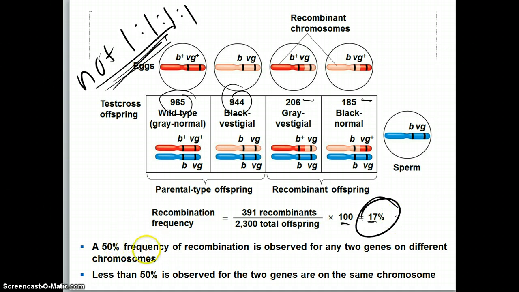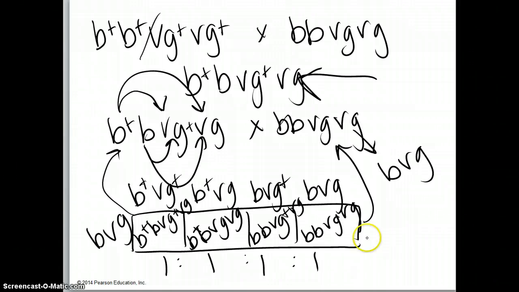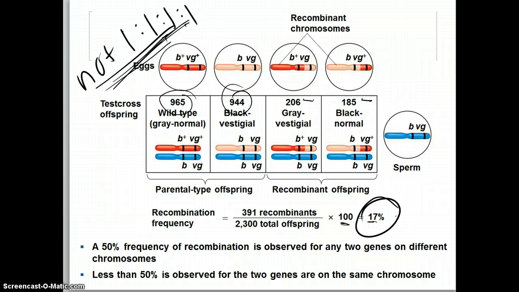A 50% frequency of recombinants is observed for any 2 genes on different chromosomes. So if you had that 1 to 1 to 1 to 1 ratio that we typically see whenever genes are on different chromosomes, just the normal problems we've been doing, you would have a 50% recombinant frequency.